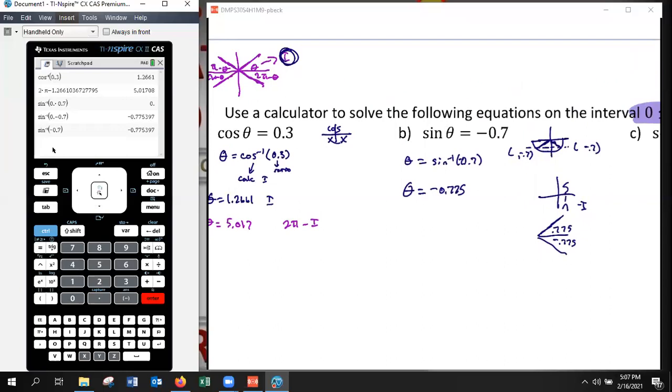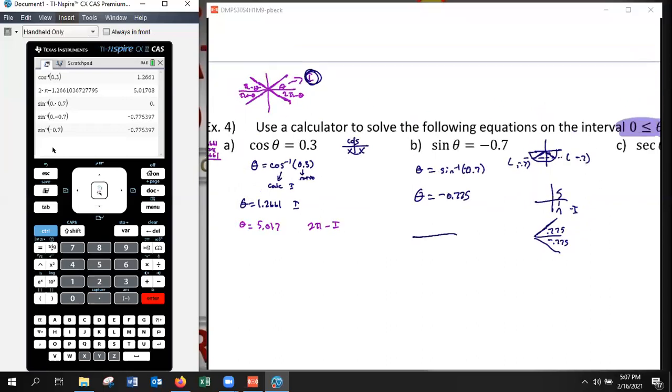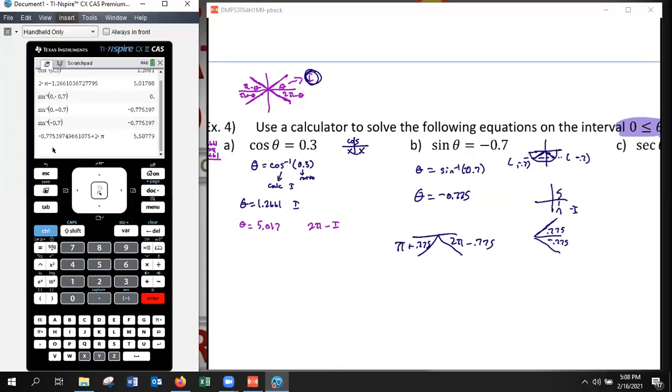So I want my quadrant 3 and my quadrant 4 answers, which would be pi plus the 0.775 and 2 pi minus the 0.775. So in the calculator, I'm going to do it this way. I'm going to add 2 pi onto that, and this gives me the quadrant 4 answer.